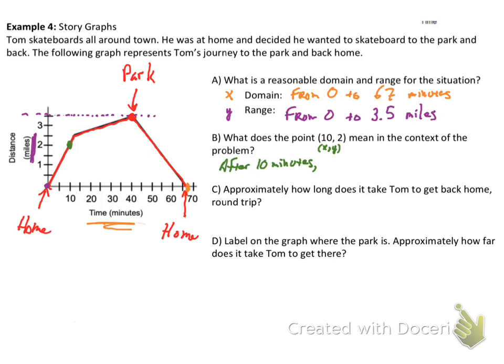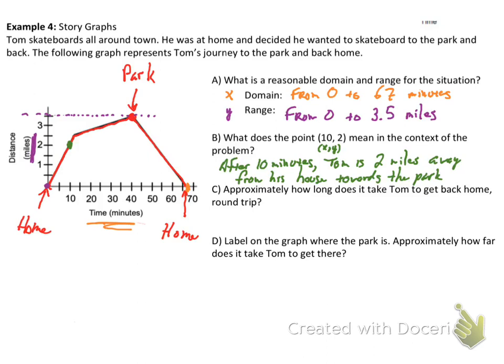After 10 minutes, Tom is 2 miles away from his house, going towards the park. So right there, at 10 minutes, he's 2 miles away, and then he is on his way towards the park because he hasn't quite gotten to the park yet.